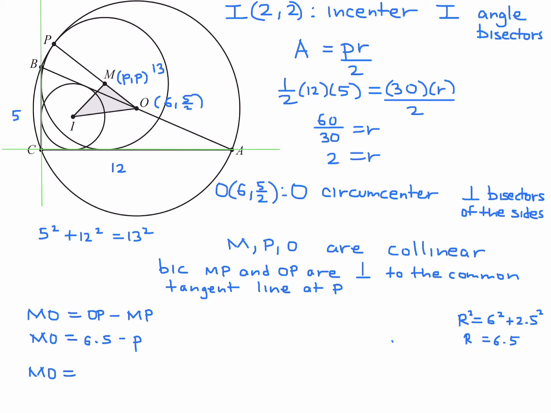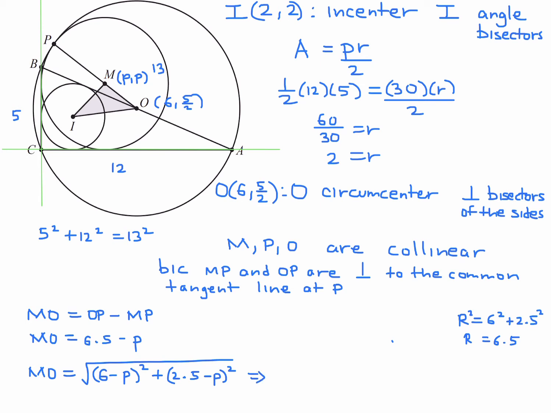So using the distance formula, we get the square root of (6 minus P) squared plus (2.5, or 5 over 2, it doesn't matter, minus P) squared. And when you expand that out, I'll let you guys do that.